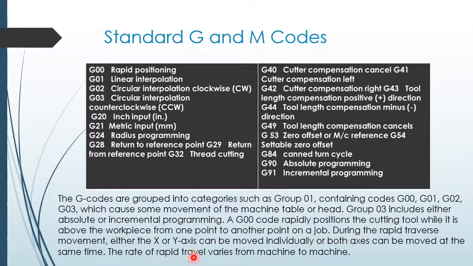During rapid traverse movement, either the X or Y axis can be moved individually, or both axes can be moved at the same time. The rate of rapid travel varies from machine to machine. The main thing is understanding how the rapid traverse movement works.